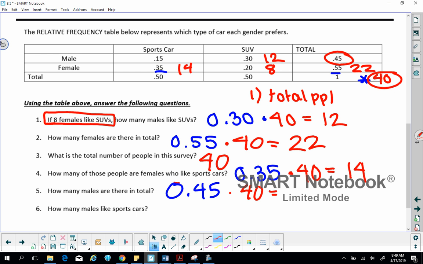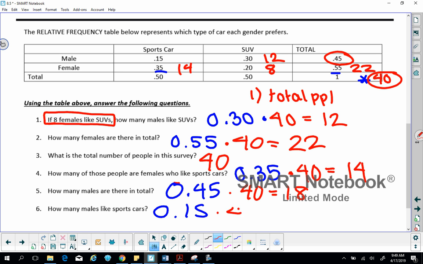So we take each probability and multiply by the total. The hardest part is figuring out how many total there are. How you do that is you figure out what you're given. So this is what I'm given, and I divide the two. Does that make sense? So what did this answer end up being? What did number 5 end up being? 18. And then how many males like sports cars? What decimal goes with that? 0.15 times 40.